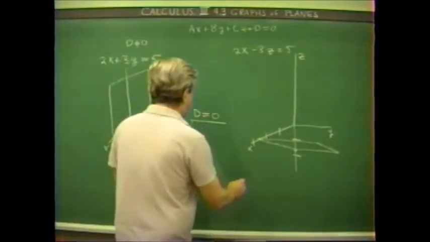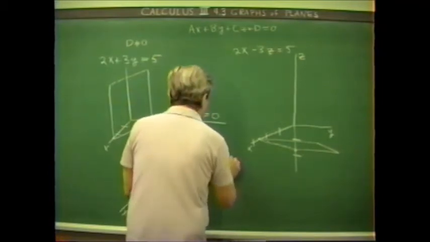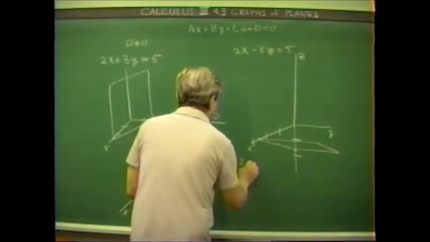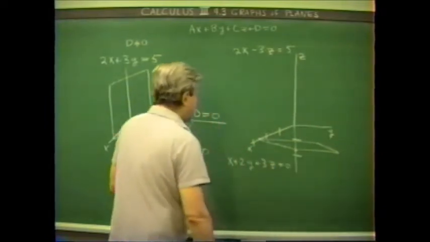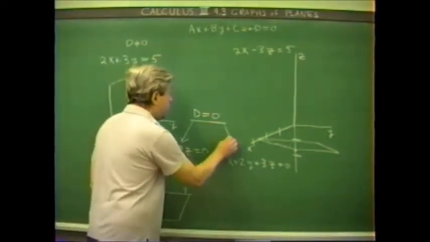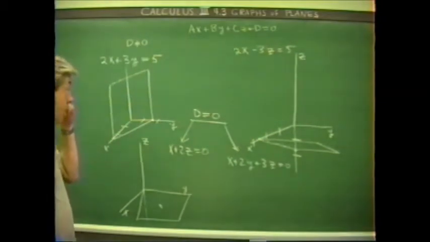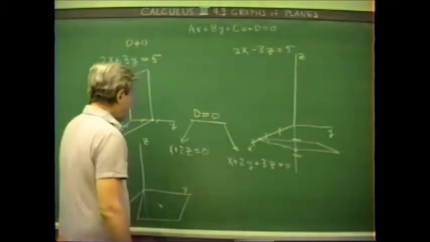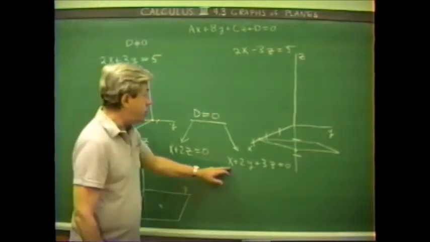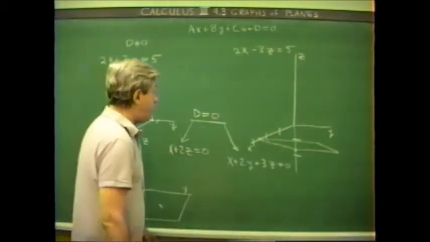Let's take a look at another here. x plus 2y plus 3z is equal to 0. Now we have no d term here either. And what does the graph look like? Well, when you've got no d term, the graph always goes through the origin because 0, 0, 0 satisfies this equation.